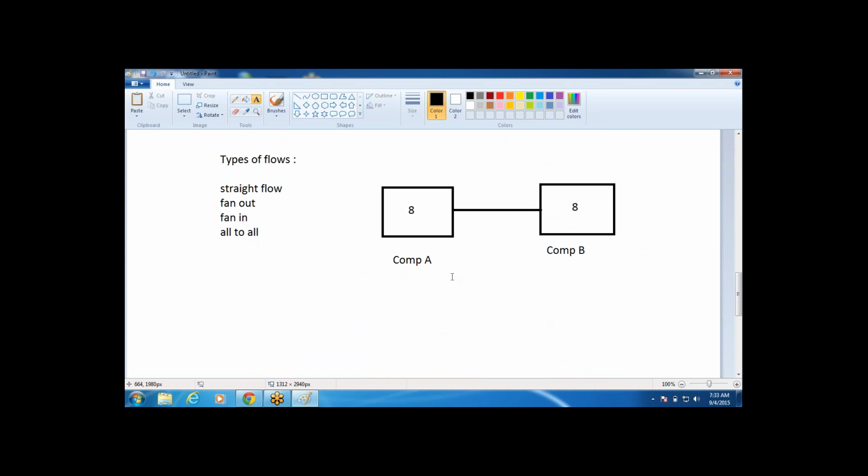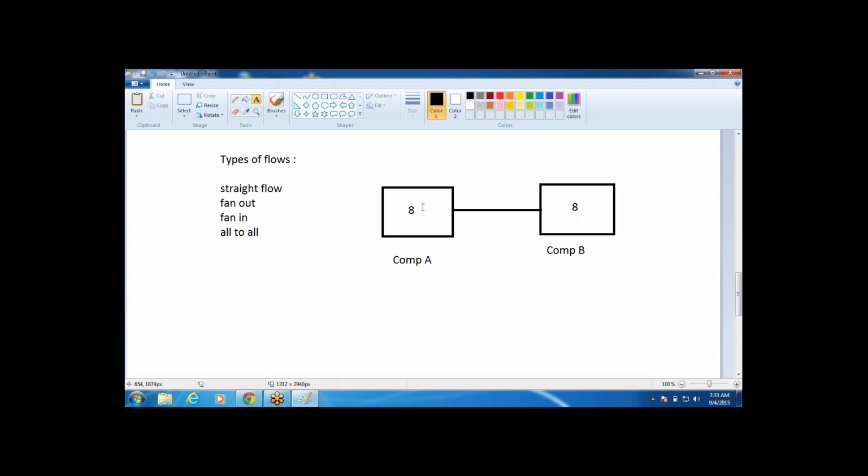So in such a case, what kind of flow appears between components A and B? Okay, so it's a straight flow. Whenever both the components are connected on the same depth of parallelism, it is called a straight flow.